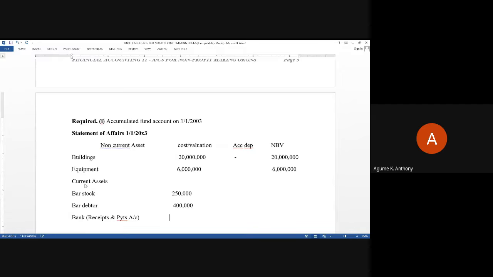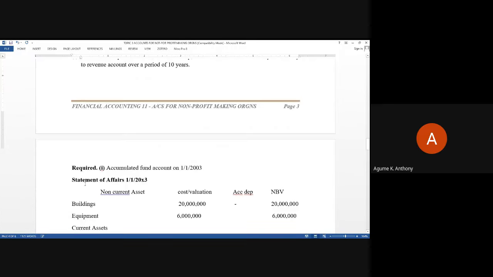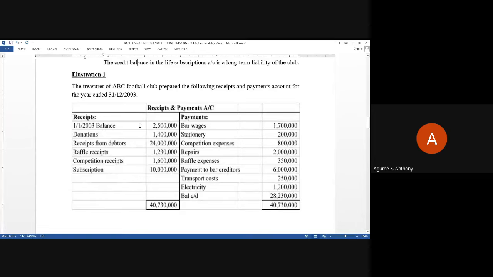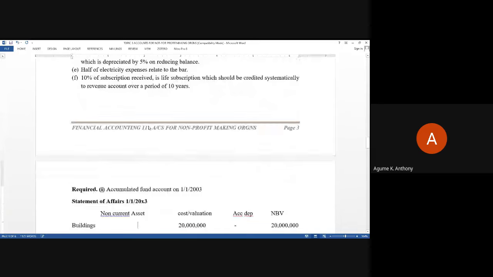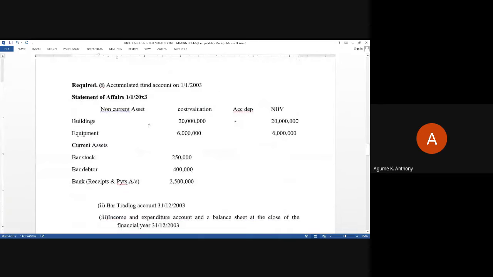And the bank amount is 2.5 million. And I'm taking this opening balance, which you see here, 2.5, because I'm determining the position at the beginning of the period, so that I can be able to determine my accumulated fund.